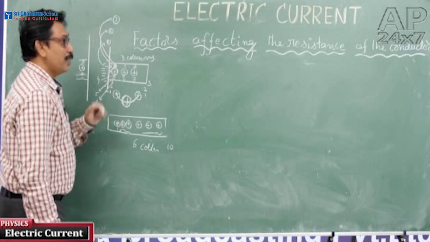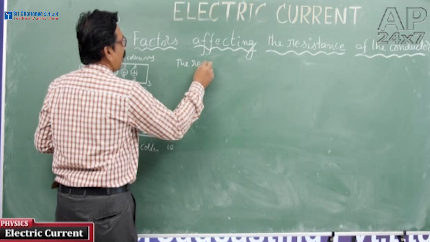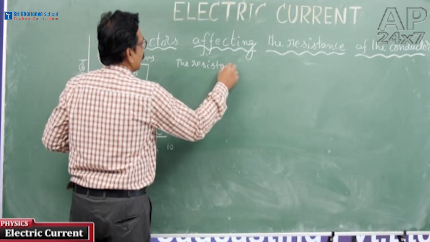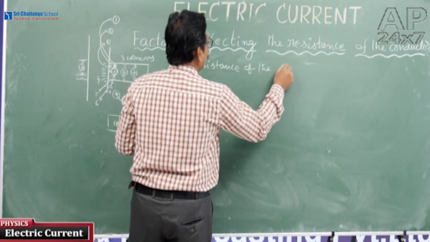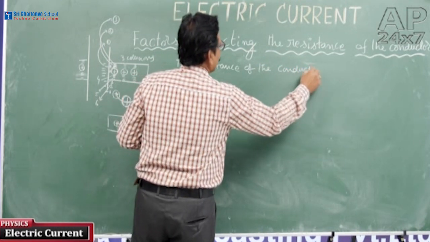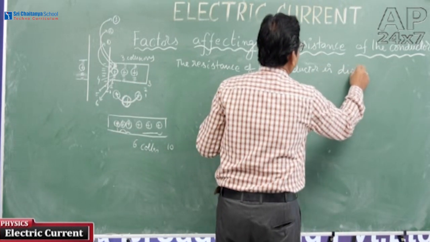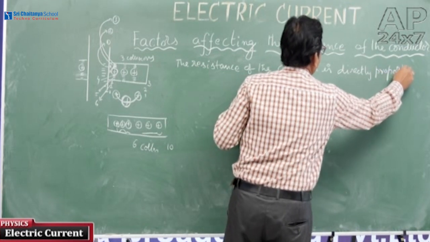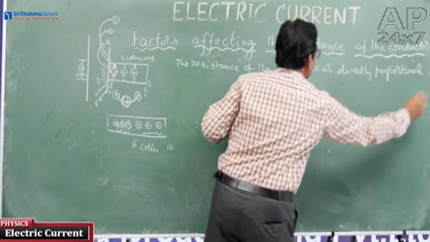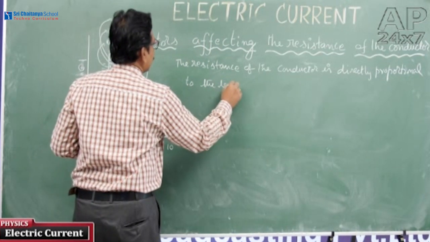Therefore, first we can say the resistance of the conductor is directly proportional to the length of the conductor.